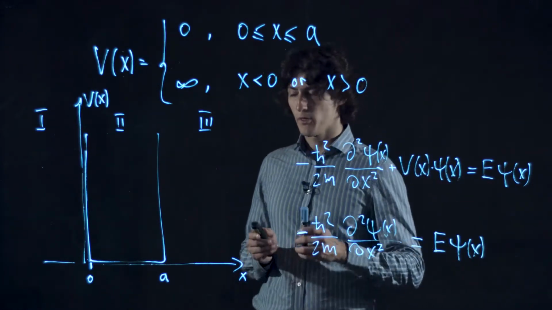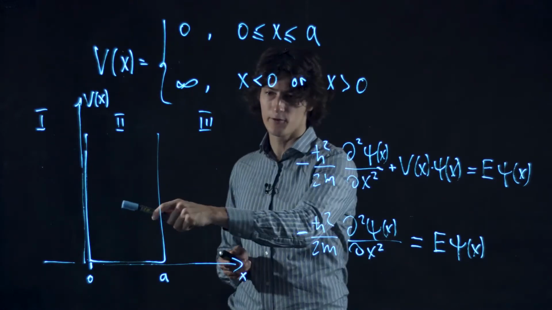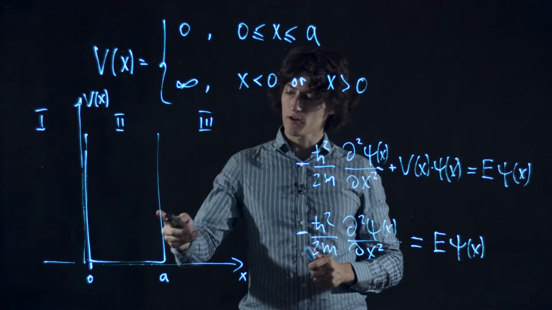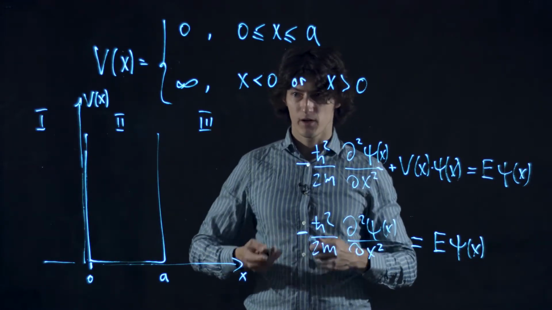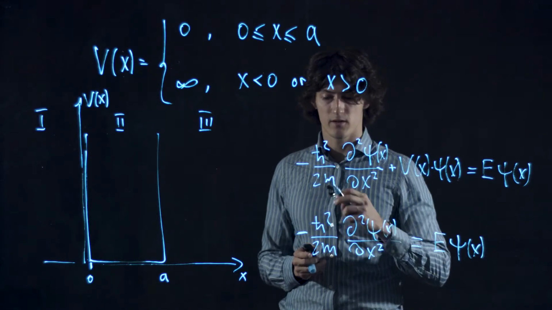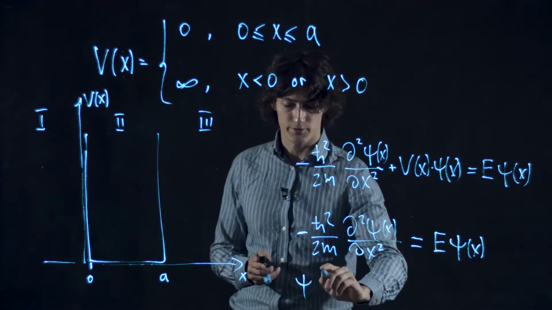Thus, the wave function in the first and the third regions is equal to 0, and the wave function in the second region can be found as a solution of this differential equation with the following boundary conditions.